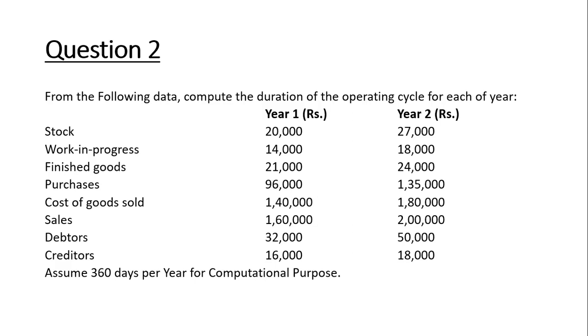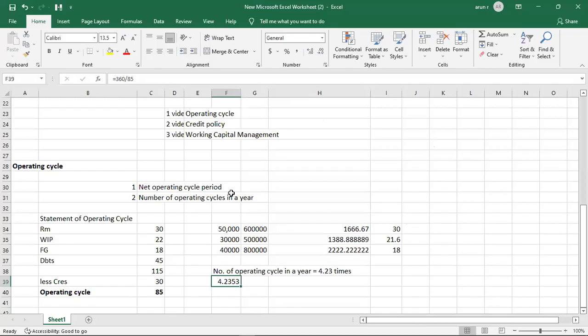Creditors: 16,000, 18,000. Assume 360 days per year for computational purposes. Okay, I do the sum and conclude it faster.